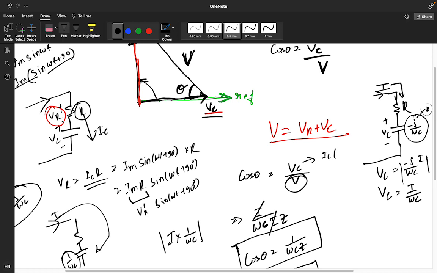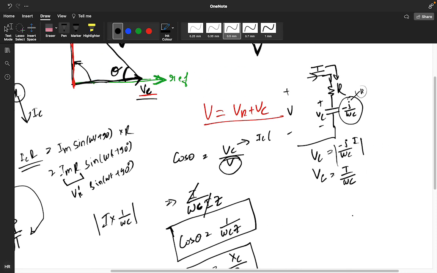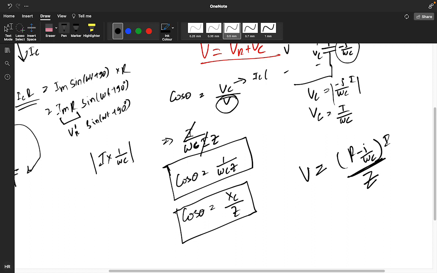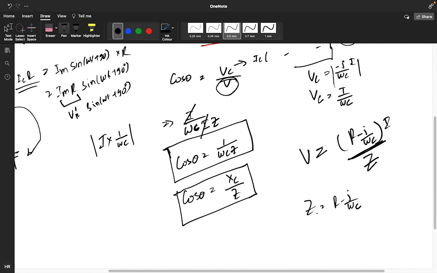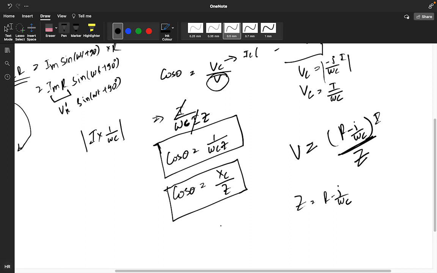Okay. And overall V is this one, the combination of R and C: R minus j by omega C into I. This is your capital V. This term is known as Z, the impedance of R and C. So Z is nothing but R minus j by omega C. So what I have written, VC can be written as I upon omega C, and V can be written as I into Z. Right?